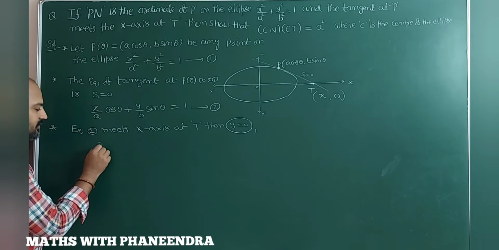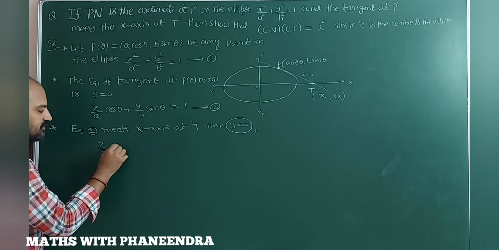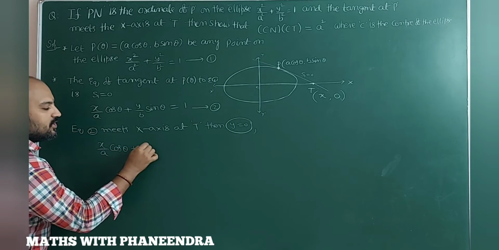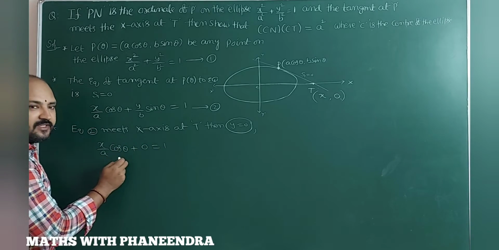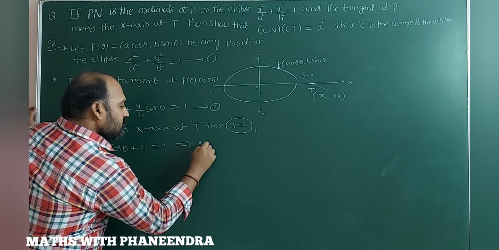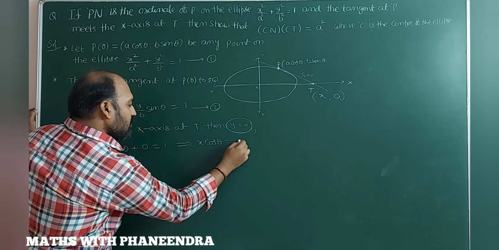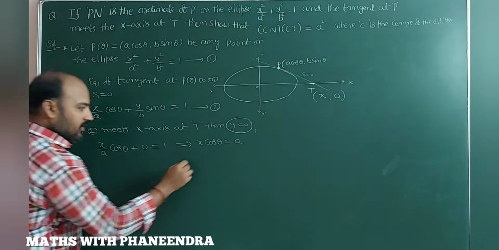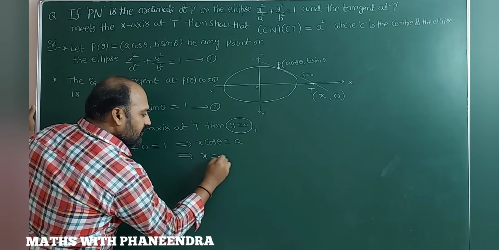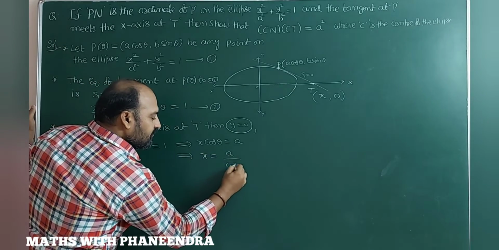Substitute in this equation: x by a cos theta plus 0 is equal to 1. From this make x the subject. So x cos theta is equal to a. x is equal to a by cos theta.